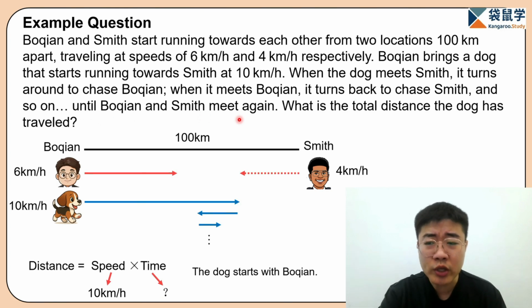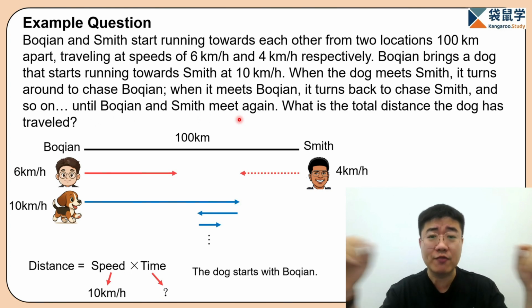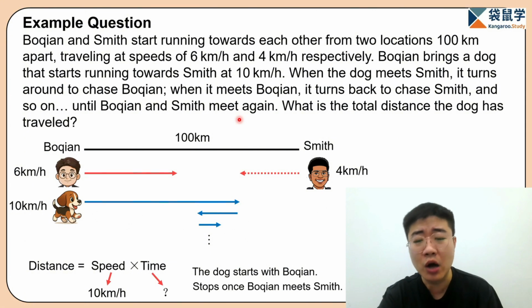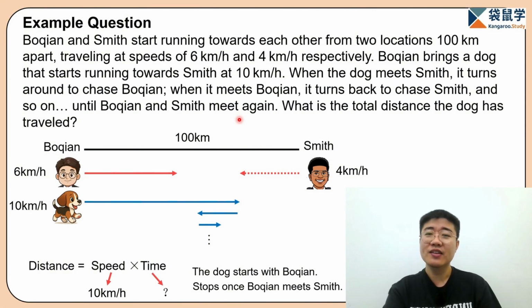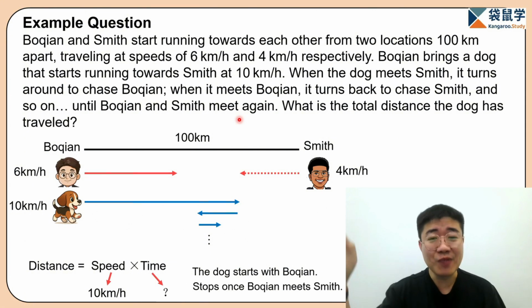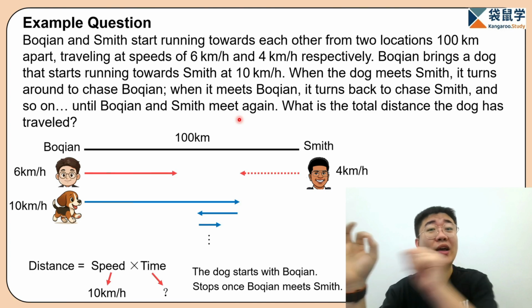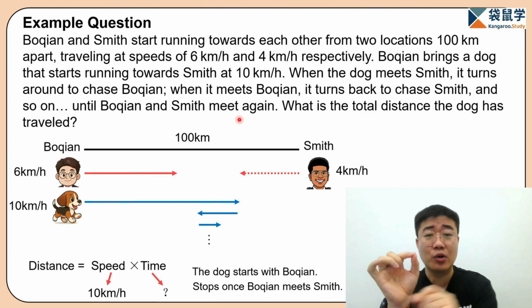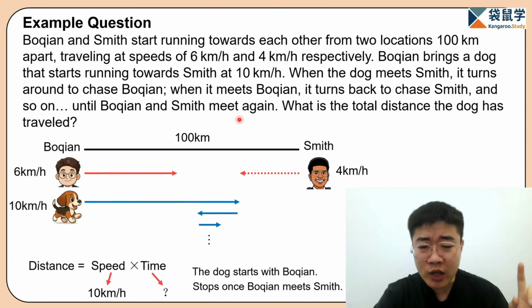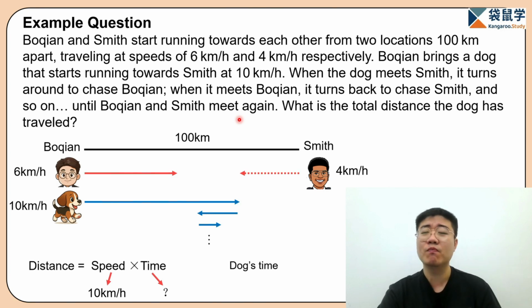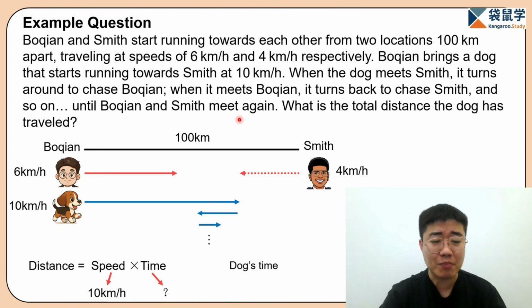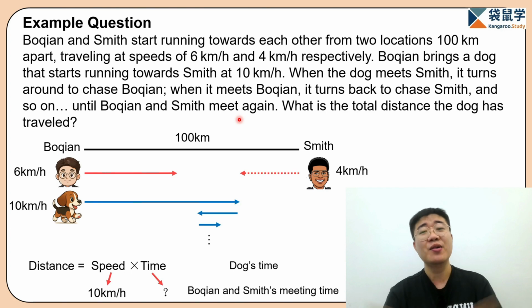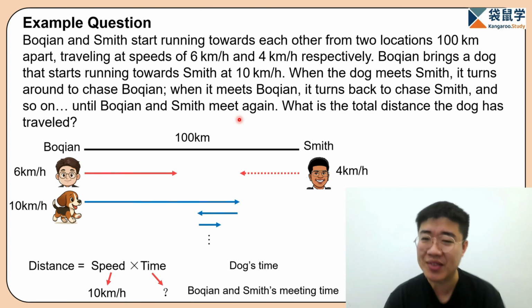So eventually when teacher Bo Jian and teacher Smith meet each other, the dog will also stop here. So then we can realize when teacher Bo Jian has started, the dog has also started. Now when teacher Bo Jian has stopped, the dog has also stopped. So we know that this dog's traveling time compared to the meeting time between teacher Bo Jian and teacher Smith, what's the relationship between them?